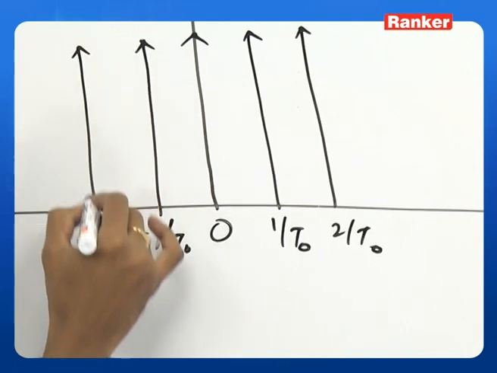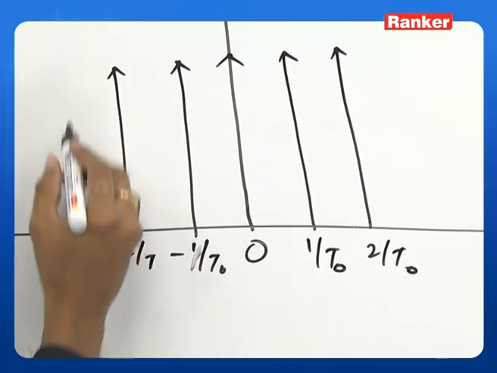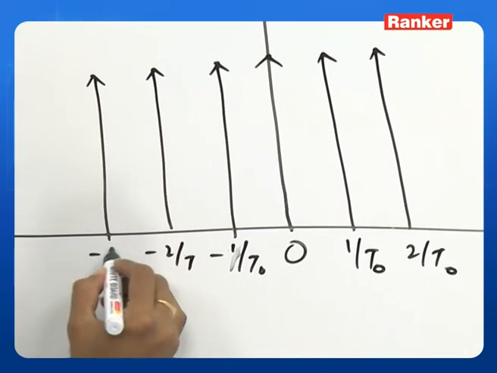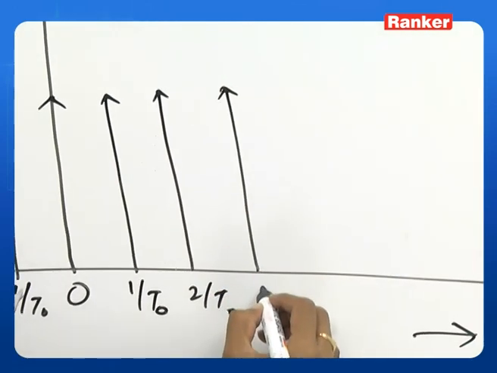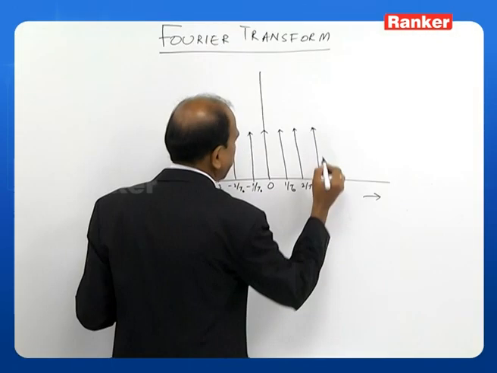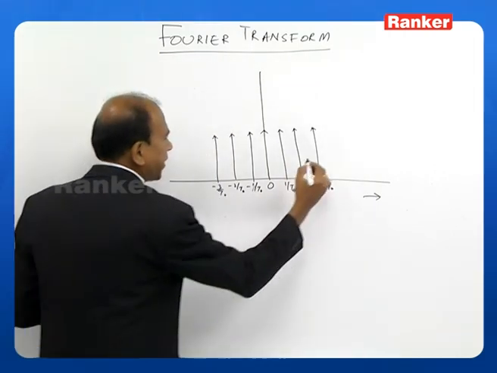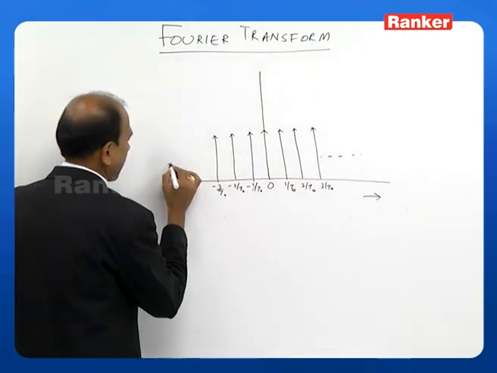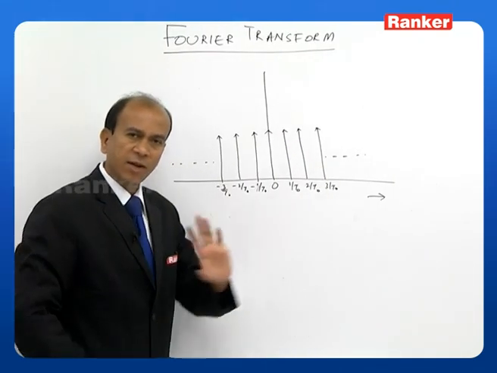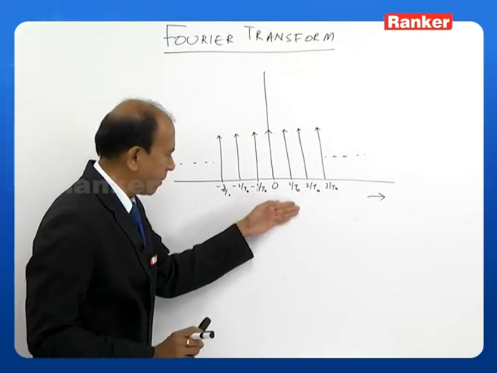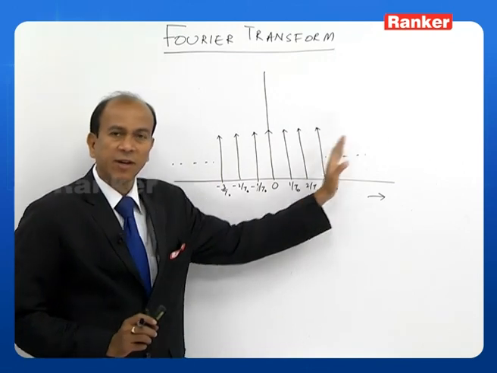Then there is a delta function existing at minus 2 by T naught, minus 3 by T naught, okay, and plus 3 by T naught, like that. So, you will have lots of delta functions. They exist at all multiples of the fundamental frequency, 1 by T naught, 2 by T naught, 3 by T naught, like that they exist.